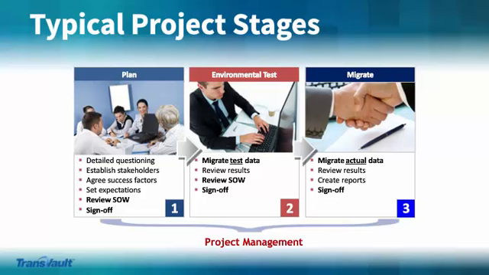So let's talk a little bit about what the various stages of a migration project might look like. Experience has shown us that a three-stage approach that has very well-defined goals and review points along the way increases the likelihood of a successful migration for everyone. They will typically start off with a detailed planning session, including all the relevant parties: the IT department, perhaps someone from your legal team to discuss data retention issues, maybe your Office 365 service provider, and maybe a couple of super users.